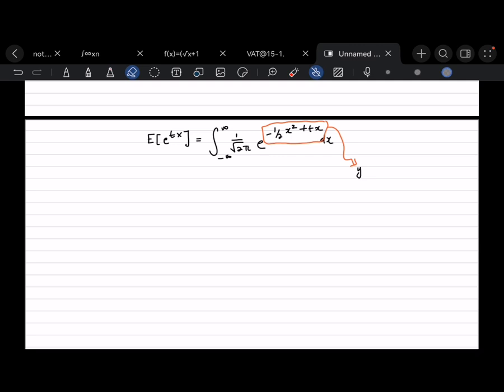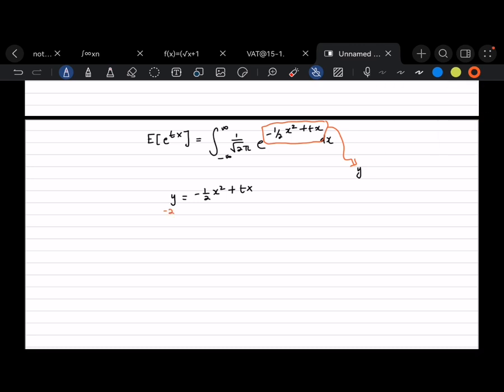I only know how to complete the square when the coefficient is 1 and positive. So this is the reason you set the exponent y equal to negative half x squared plus tx. Then we can remove the negative half by multiplying by negative 2.